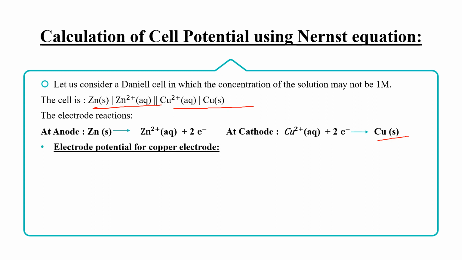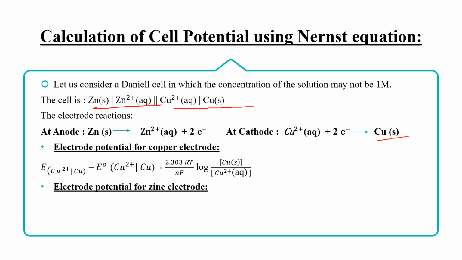Electrode potential for the copper electrode: by using the Nernst equation, electrode potential of copper equals standard electrode potential of copper minus 2.303 RT upon nF log of concentration of copper metal divided by concentration of copper ion.